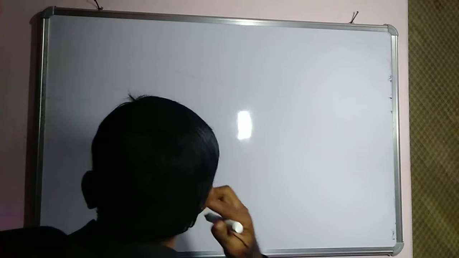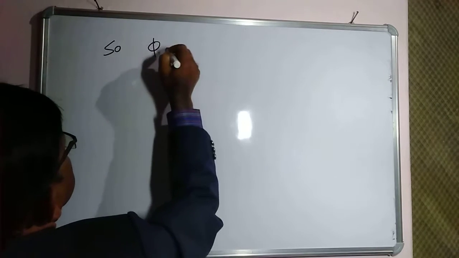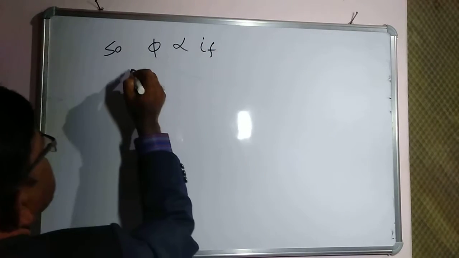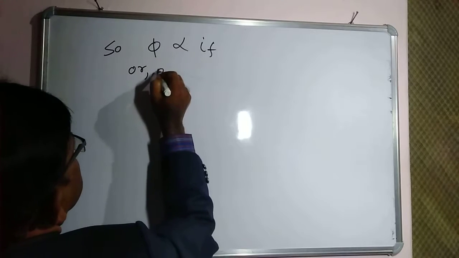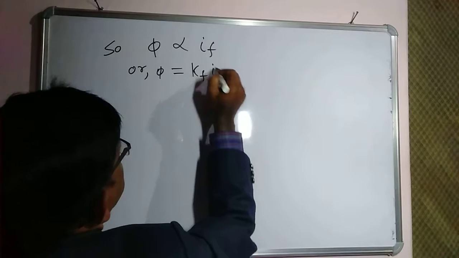So already I told you here the DC motor is used as DC servo motor, therefore it uses the linear characteristics of the magnetization curve. So the flux, that is phi, is proportional to field current If, or phi is equal to Kf into If.